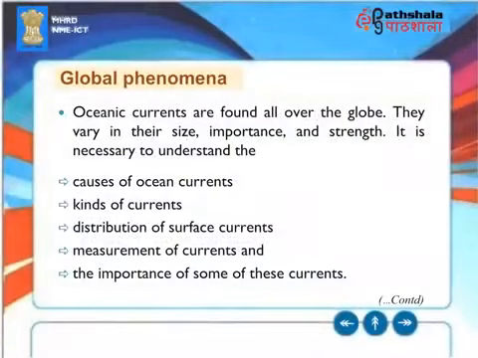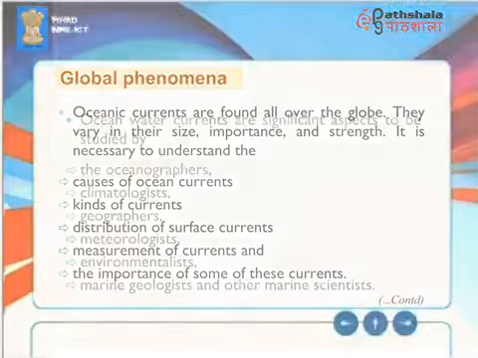Global phenomena. Oceanic currents are found all over the globe. They vary in their size, importance, and strength. It is necessary to understand the causes of ocean currents, kinds of currents, distribution of surface currents, measurement of currents, and the importance of some of these currents.